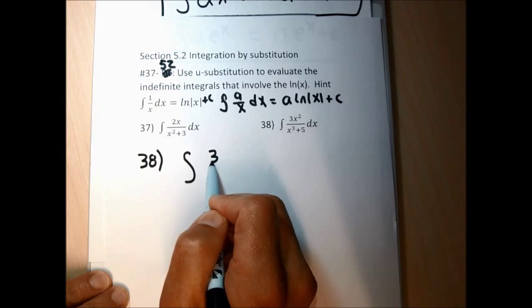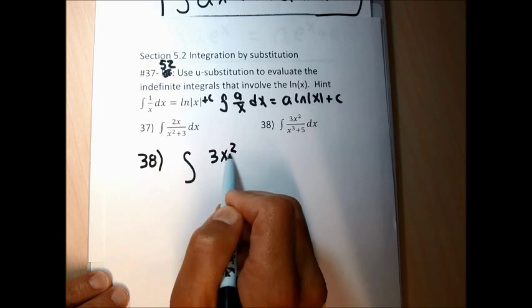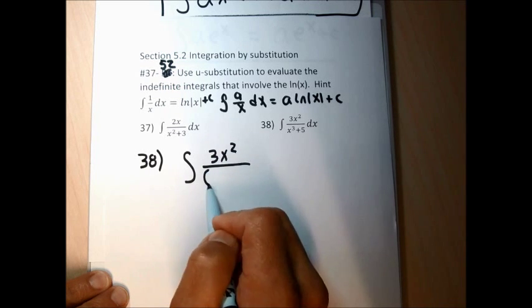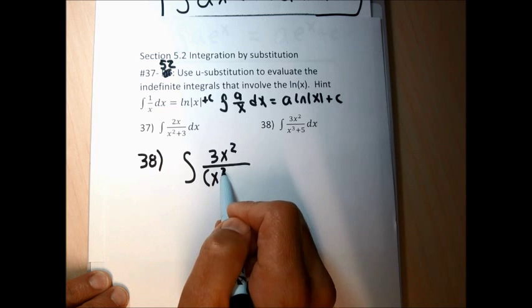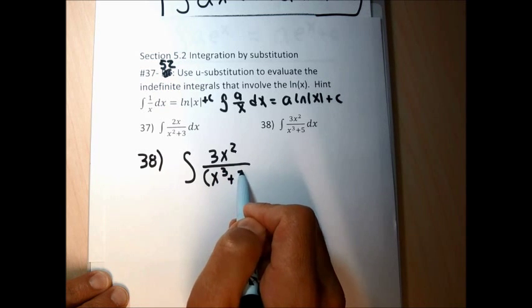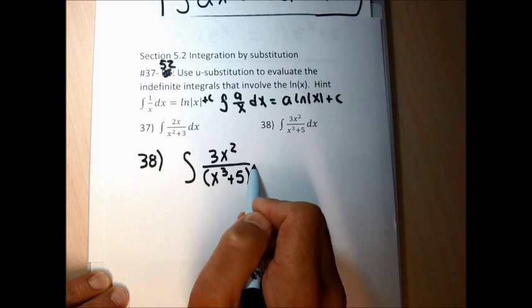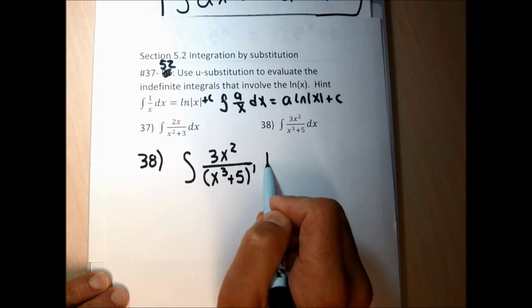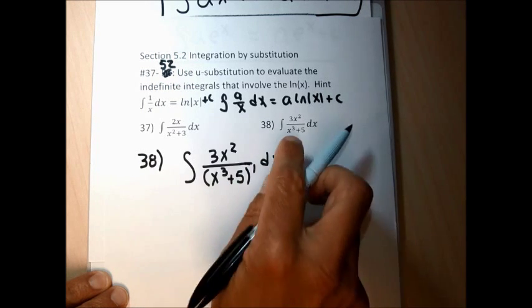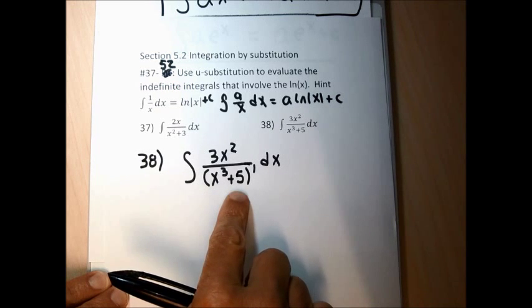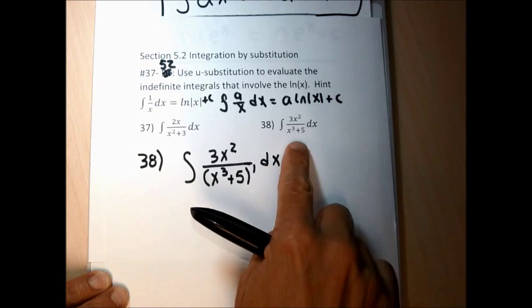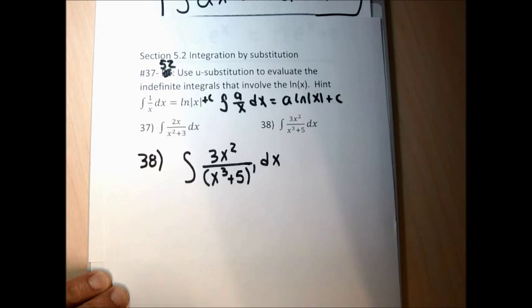So what I'm going to do is rewrite the denominator with a parentheses and an exponent. Because I can put a parentheses around anything with an exponent of 1, and it's going to equal what it originally equaled, because x cubed plus 5 to the first power is x cubed plus 5 without a parentheses.